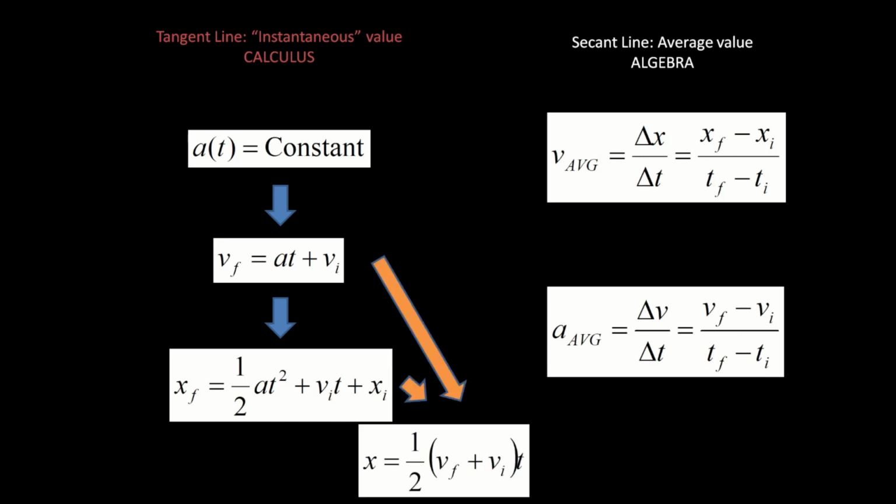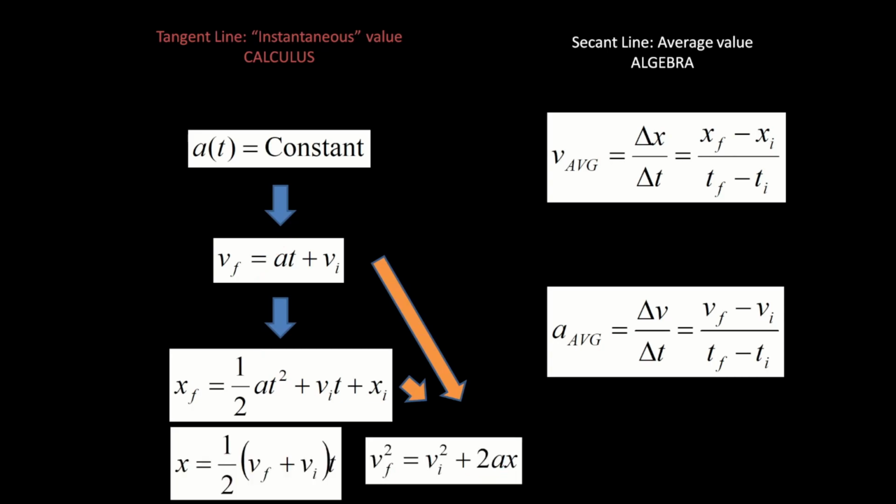So for instance, if we solve this for A and then substitute it in here, we get this equation down here from algebra, just doing that substitution. We can also get another equation by doing some substitution with algebra here.